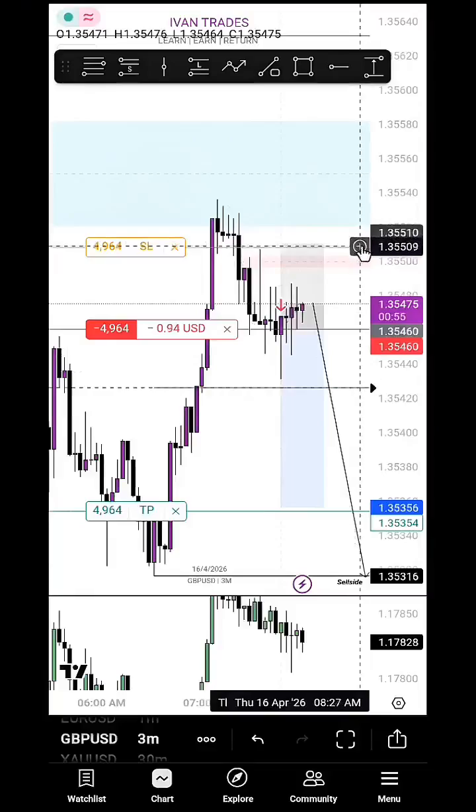So far, this trade is just ranging around my entry.